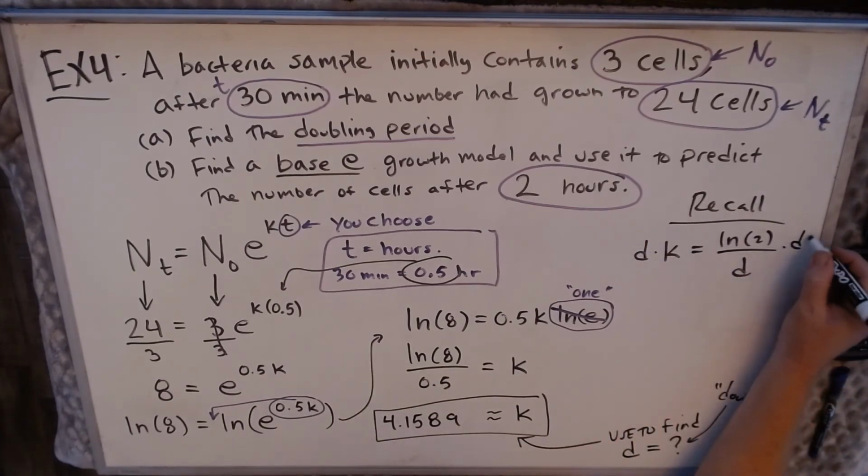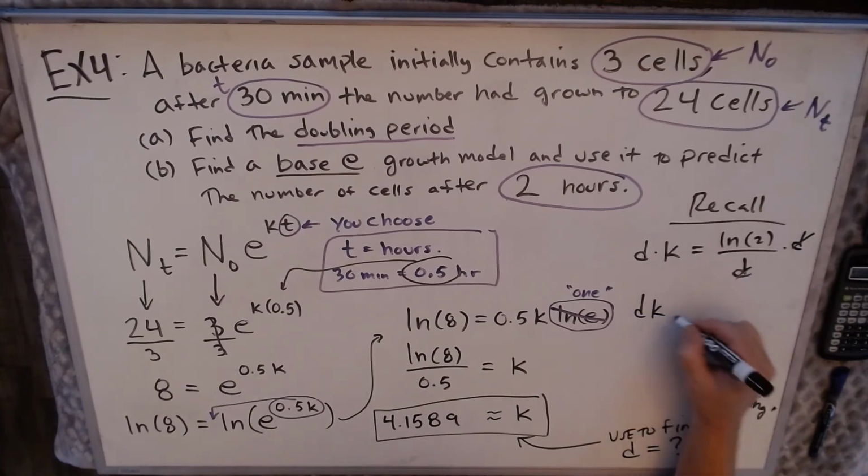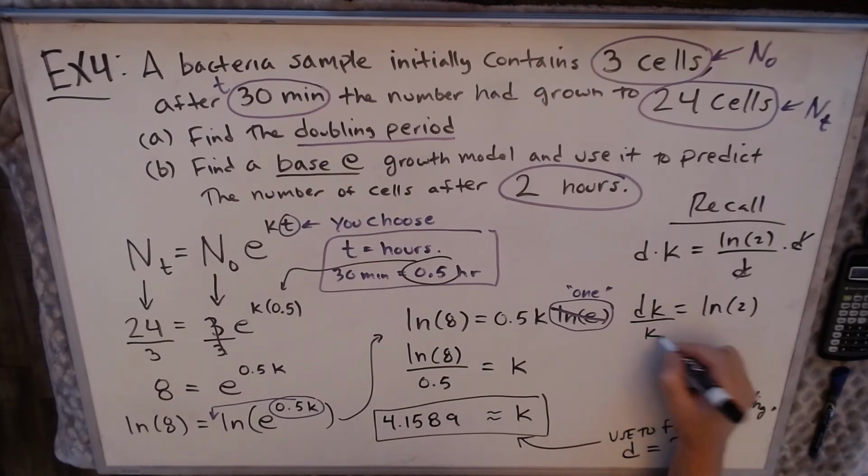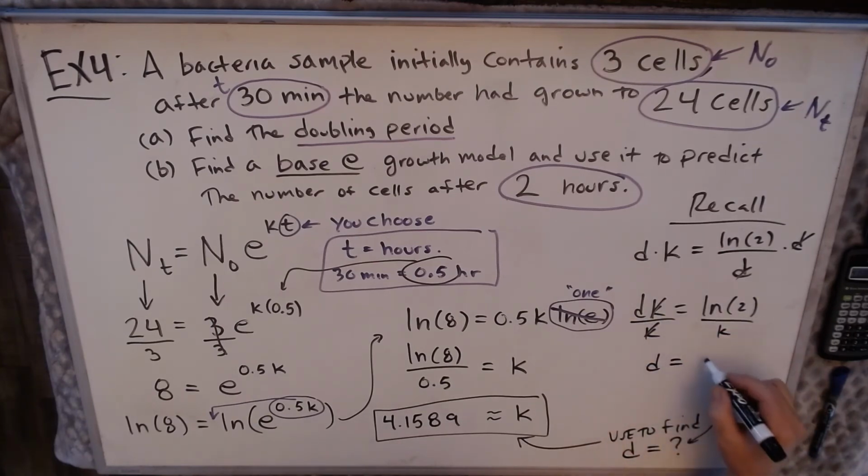So let's multiply both sides by D. We get Dk is ln of 2, and divide both sides by k. And there's your formula for doubling: ln of 2 divided by k.